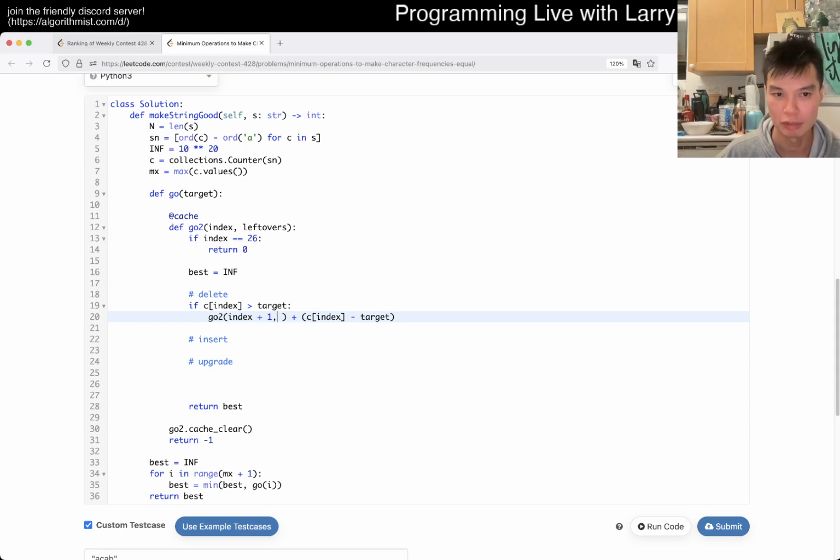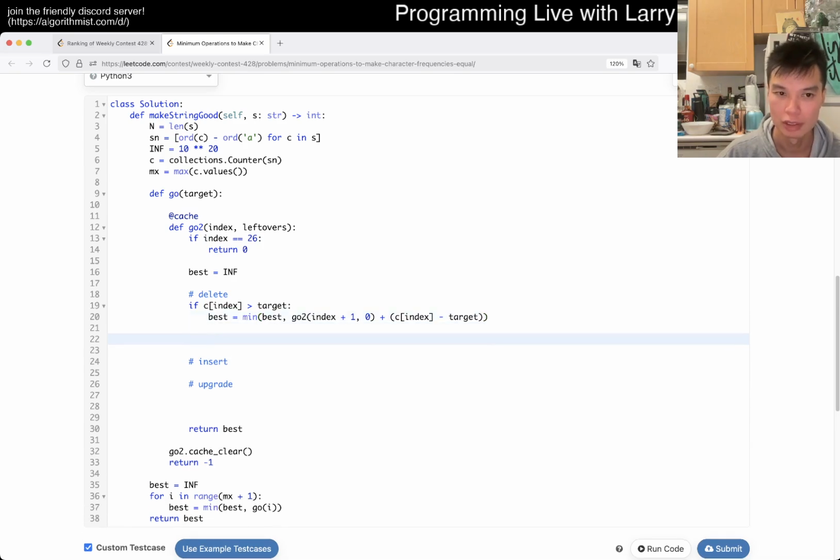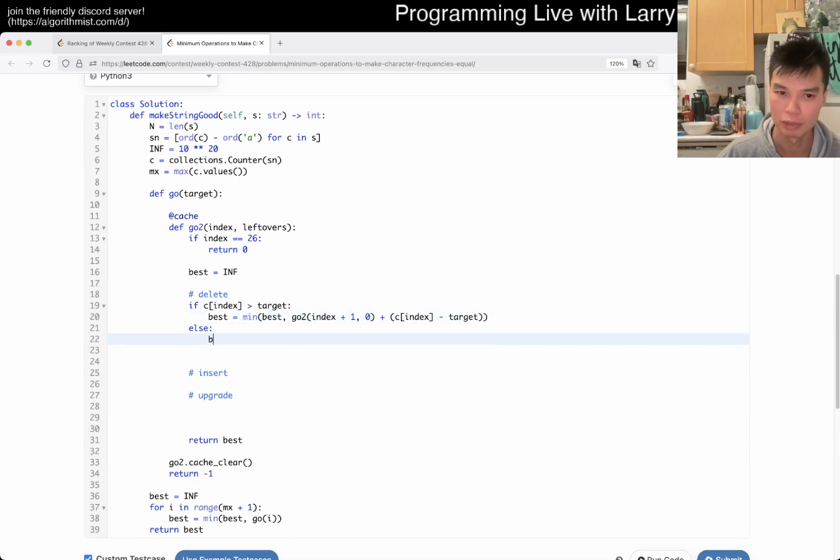And when we delete, then you have no leftovers. So okay, that's one way. But you can also delete to 0, right? So I guess this is an else, because you wouldn't do both. Also, you would have 0 left over, plus C of index.